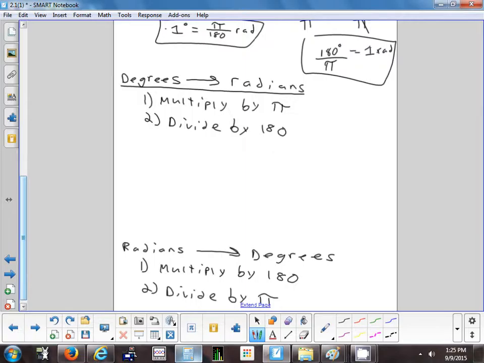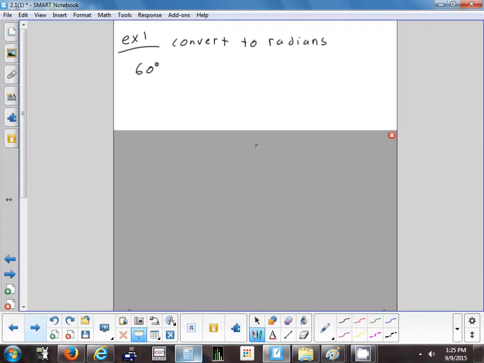Pi, that's the number I want you to think of with radians. It's kind of hard sometimes to remember which one is which because they're so similar. One of them's multiply by pi, one of them's divide by pi. So I'm going to show you how you can remember which one's which.